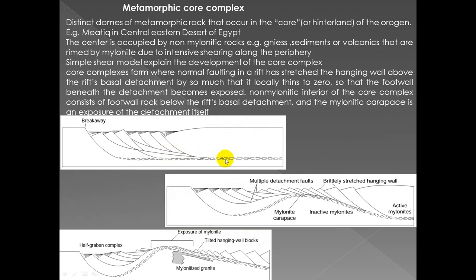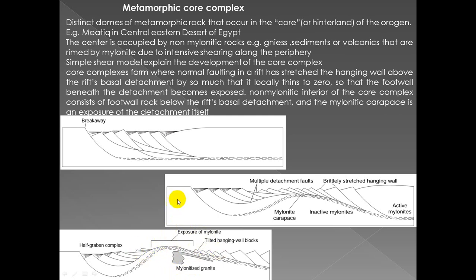We have what's called a metamorphic core complex. In the simple shear model, with time, continuous extension means thinning of the crust until the mantle ascends up like this, until the mantle is exposed at the surface, exposure of mylonites to the surface. This is what's called a metamorphic core complex, formed due to extension.